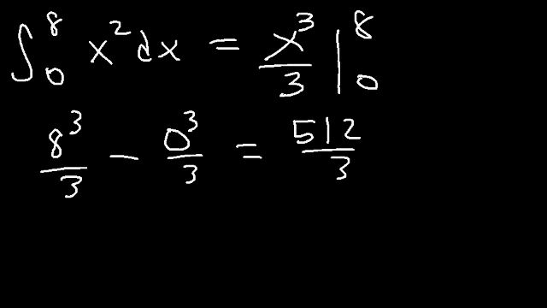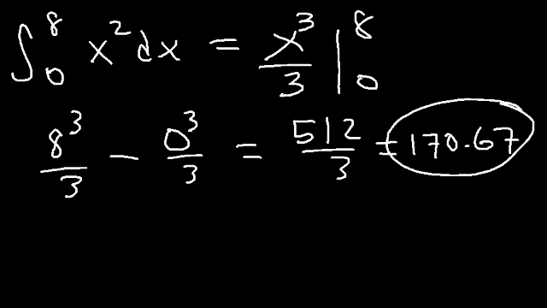And 0 raised to anything is just 0. 512 divided by 3 as a decimal is about 170.67. So let's use Riemann sums to approximate this answer. So this is the exact area under the curve from 0 to 8.